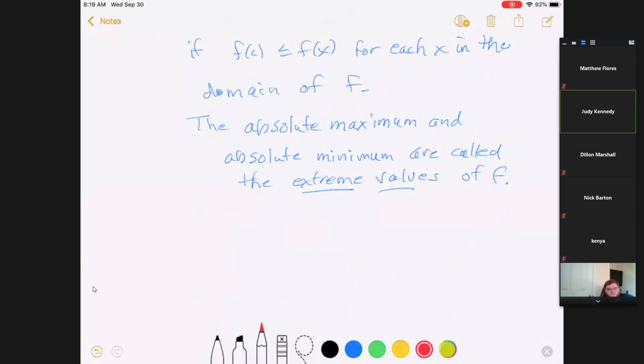A closely related idea is a local minimum.